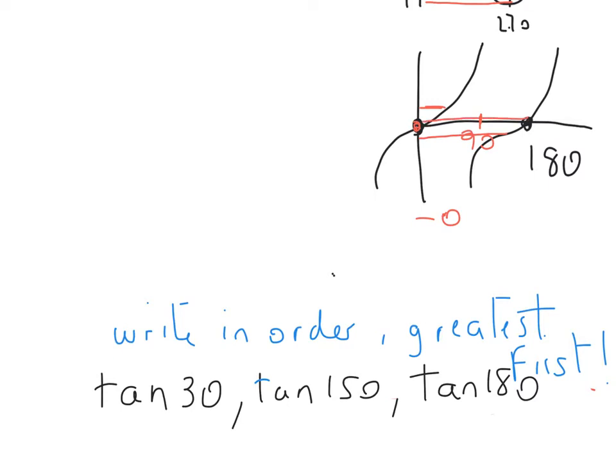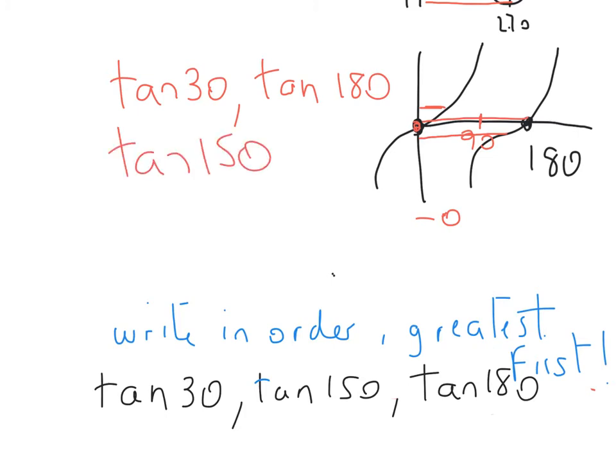So we can see that the greatest value is tan 30, followed by tan 180, and then the furthest down one we can see is tan 150.